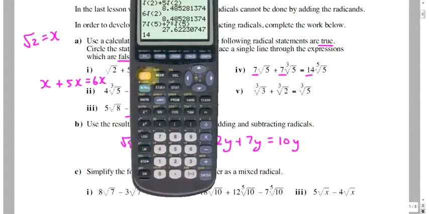Is that the same as 14 times the fifth root of 5? Hit the wrong button. That's definitely not the same as 27.6. So this doesn't work. Now who wants to go out on a limb and say why it doesn't work?